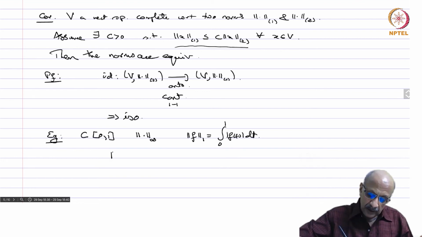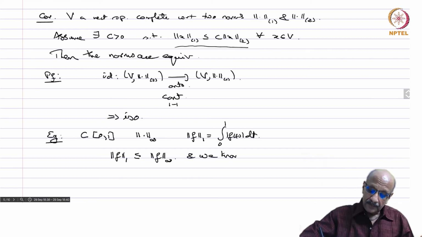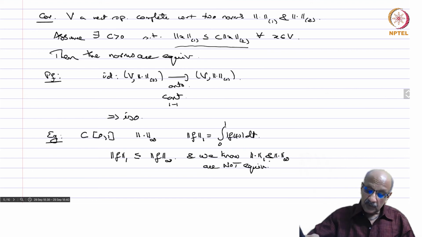Okay, so you have that norm f1 is less than or equal to norm f infinity, and we also saw that norm 1 and norm infinity are not equivalent. We produce a sequence, namely f_n(t) equals t to the power n, and therefore the norm 1 is 1 by n plus 1, which goes to 0, whereas the L infinity norm is just 1, and therefore you can't have an inequality of that type.